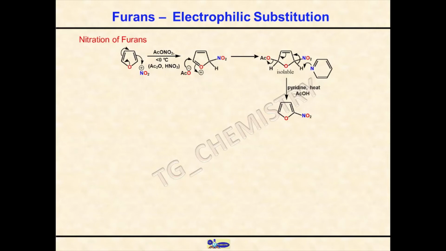Pyridine can be used for facilitating the aromatization process. As you can see, pyridine and heat have been used to facilitate the process, and it ends up with an alpha nitro furan compound.